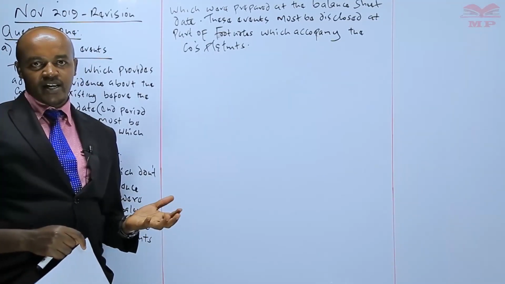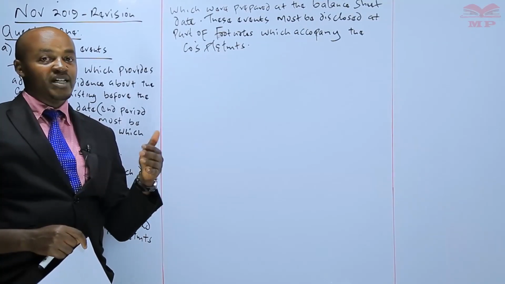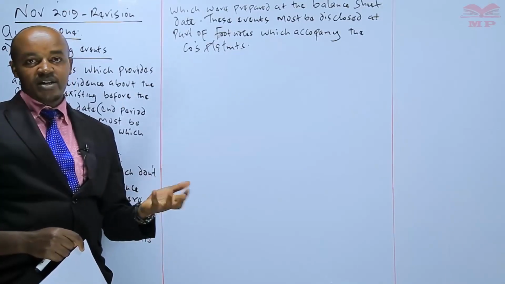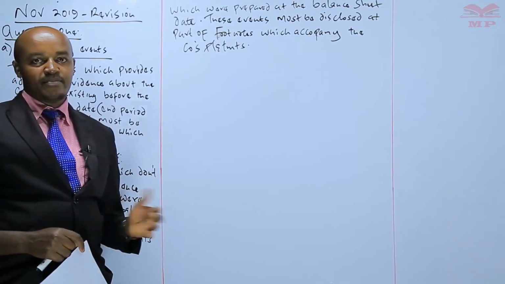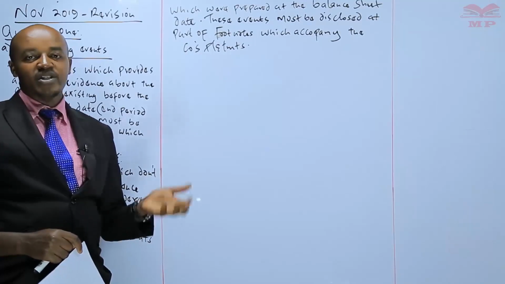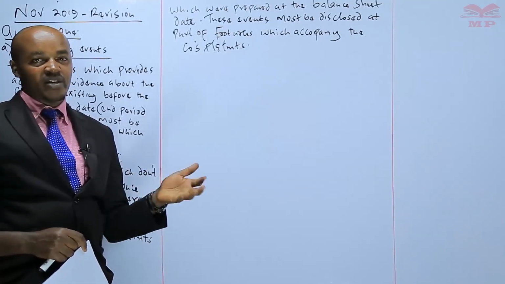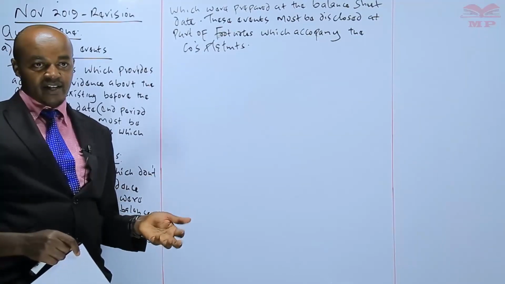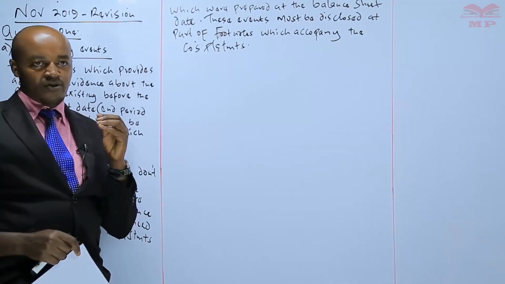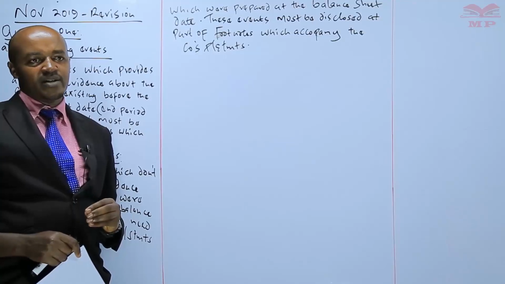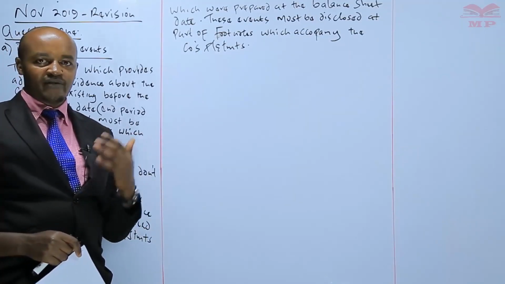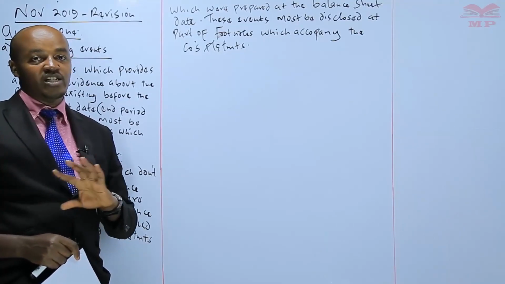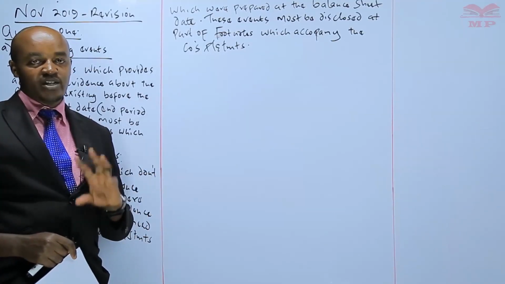Another good example is whereby the company decides to pay dividends once the financial year has come to an end, or maybe a scenario whereby the company decides to sell or acquire some asset once the year has come to an end. All those are good examples of non-adjusting events, and what you have seen is that once those events take place, because they do not provide additional evidence about the conditions which were existing before the balance sheet date, they need not be adjusted.